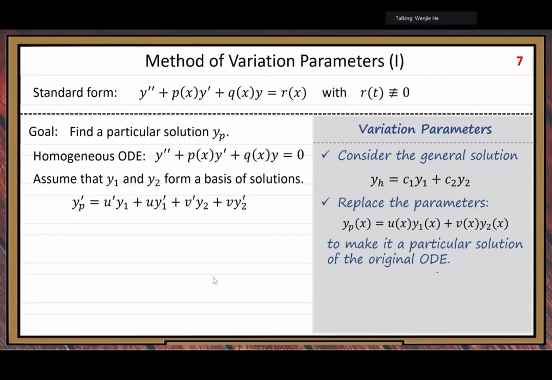The idea is, before we go to the next step, we want to reduce the number of terms, because 4 terms is too many. How can you reduce terms? Because we have a lot of freedom, can we apply the freedom we have to make 2 of the 4 terms disappear?